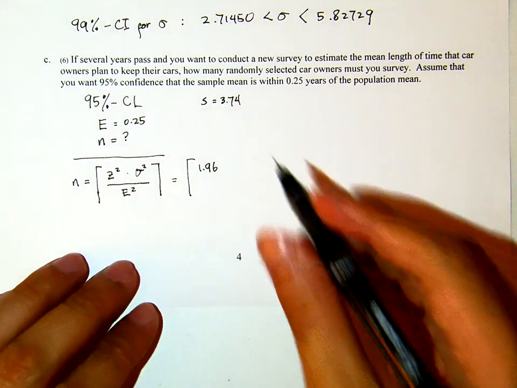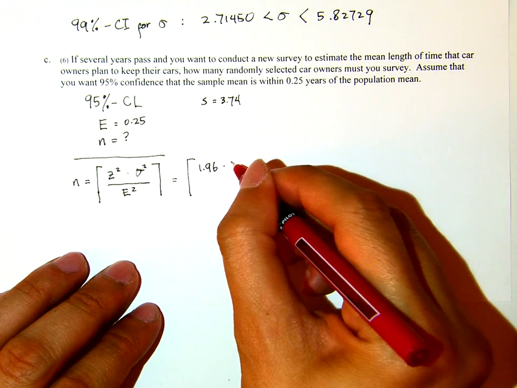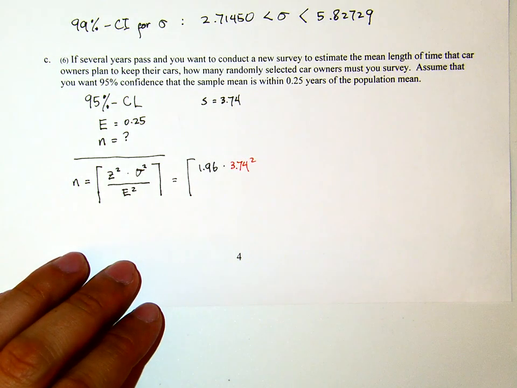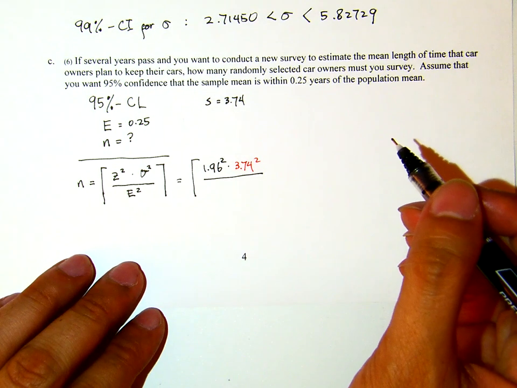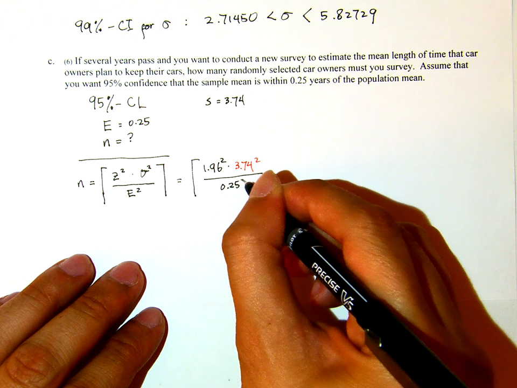1.96, and then I use this 3.74 as my temporary number, over the margin of error, which is 0.25 squared.